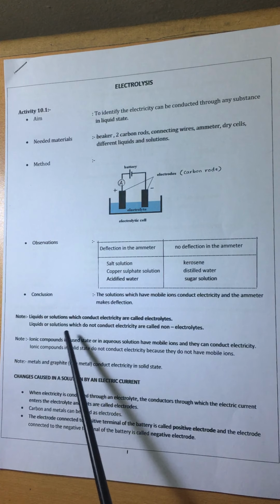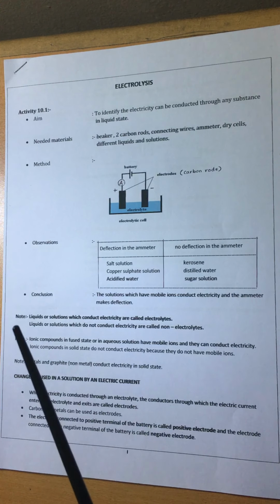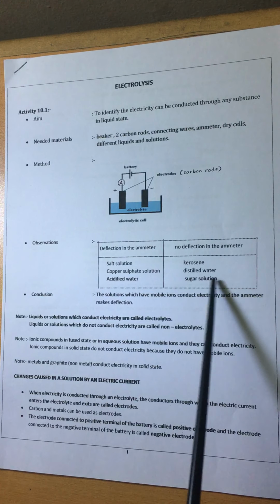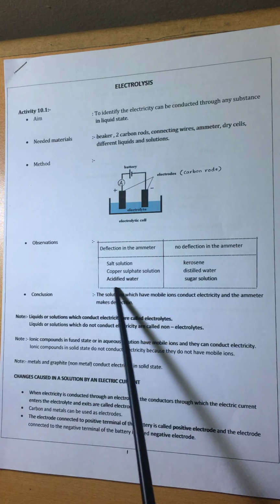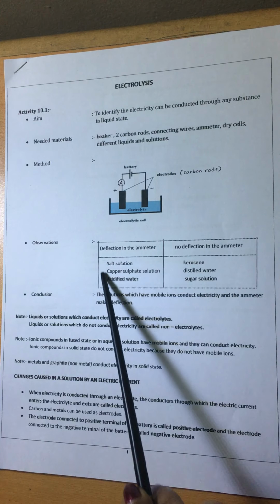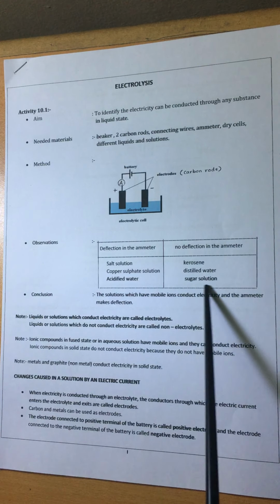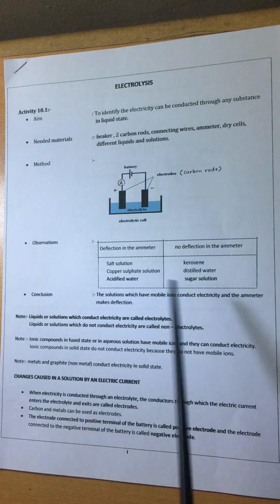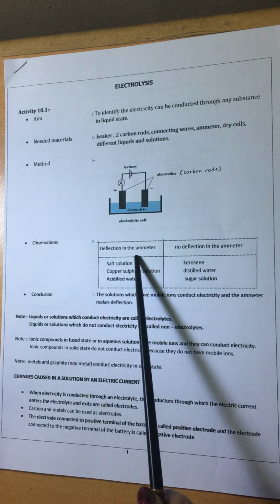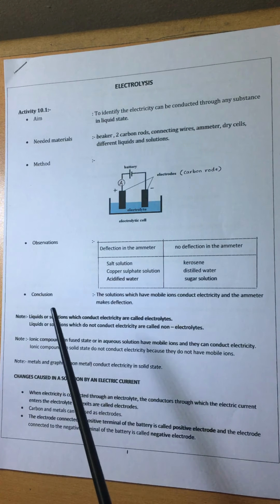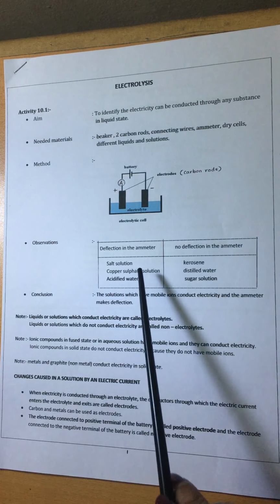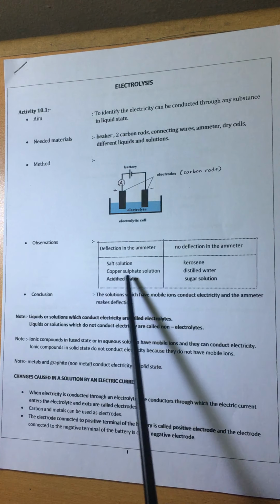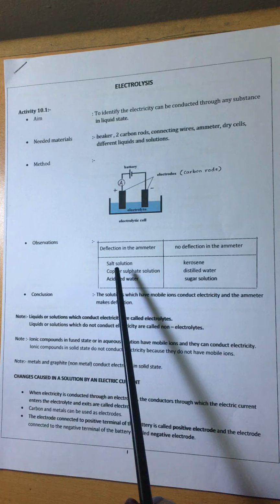So the liquids or solutions which can conduct electricity are called electrolytes. In these, the first 3 are electrolytes because they can conduct electricity. But these are non-electrolytes. Non-electrolytes means they can't conduct electricity. So what is the reason? The electrolytes have mobile ions. Mobile ions you will study later, in grade 10. In ionic compounds, the ions should be there, positive and negative ions.